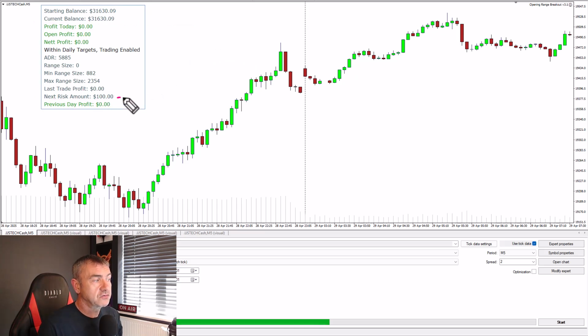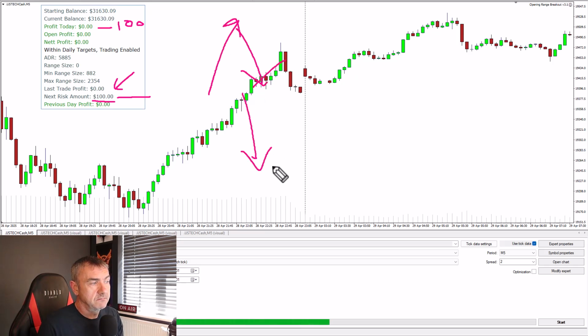Okay, so it will take that trade, and if the outcome of that trade is a winner, happy days, we just stay on $100. If the outcome of that first trade is negative 100, it will then increment that risk for you. Let's say, for example, we took a trade long and it stopped out, and then we took a trade short and that also stopped out, and we came back to just a range bound day.